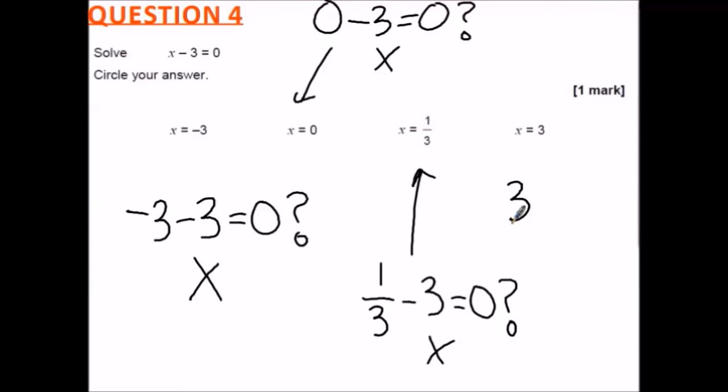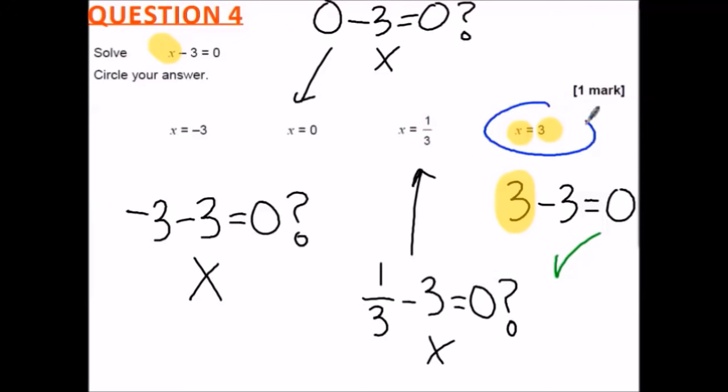Now, does 3 take away 3 equal 0? So, if x equals 3, 3 take away 3, does that equal 0? I think it does. So, because that one works, we know that the correct answer is that x equals 3. So that's the one we need to be circling for question 4. x equals 3 solves that equation.